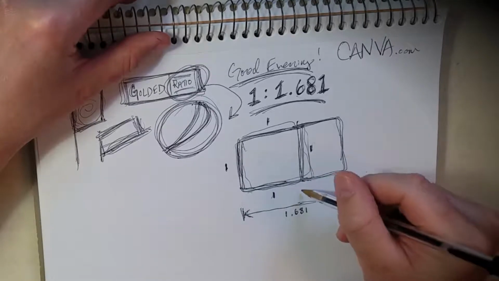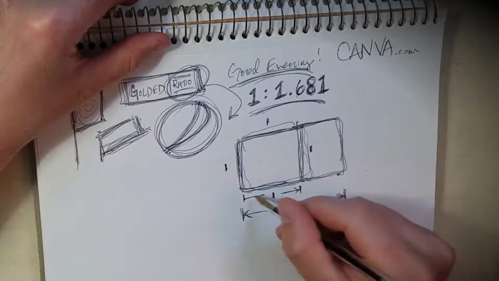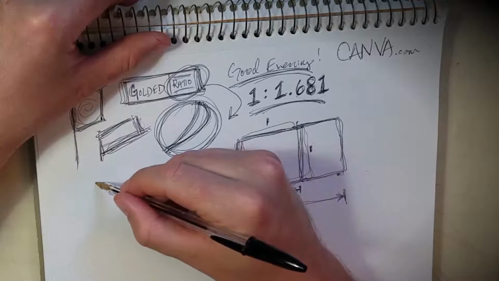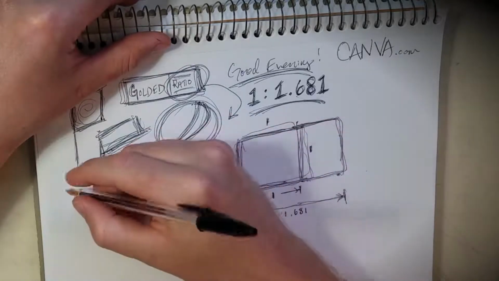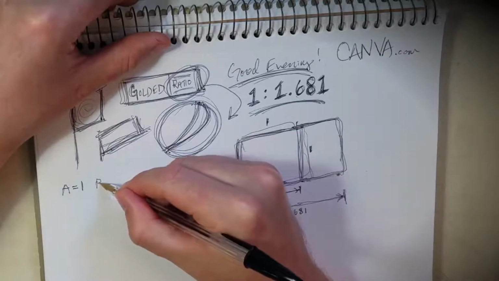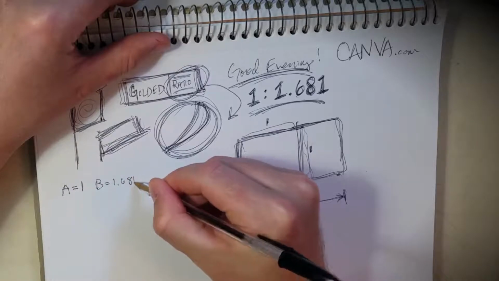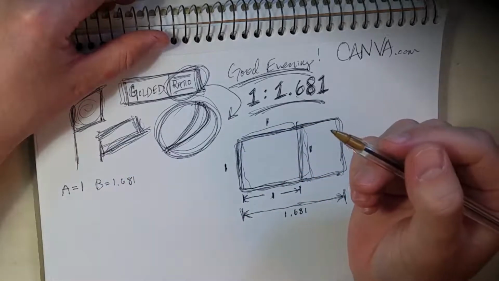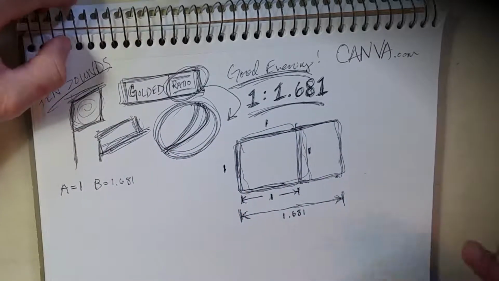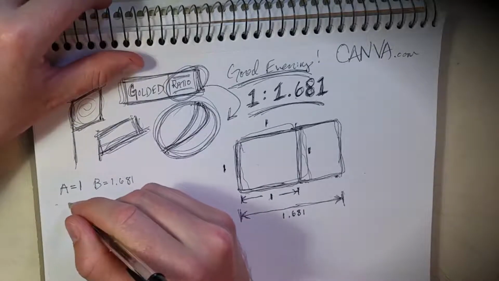where this we could call B equals 1.681. Then the really interesting fact, let's see, let's do this.